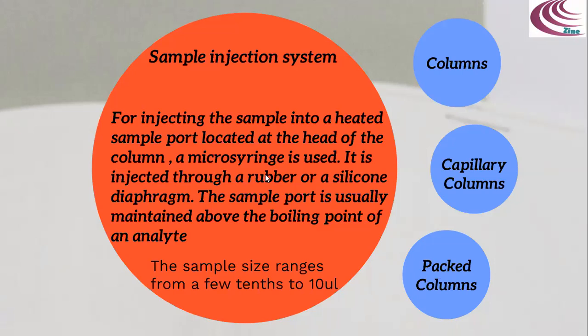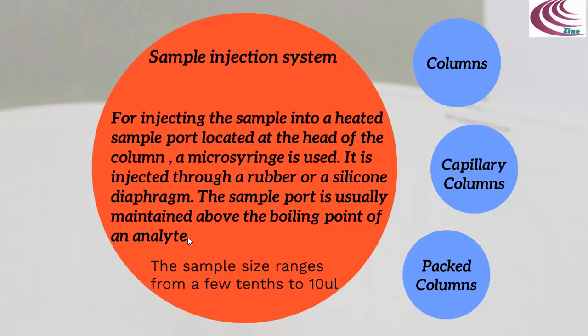For injecting the sample into a heated sample port located at the head of the column, a micro syringe is used. It is injected through a rubber or a silicone diaphragm. The sample port is usually maintained at about 50 degrees centigrade above the boiling point of the analyte.